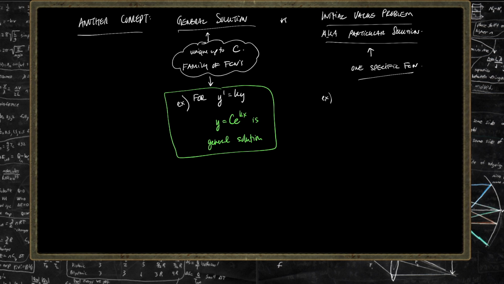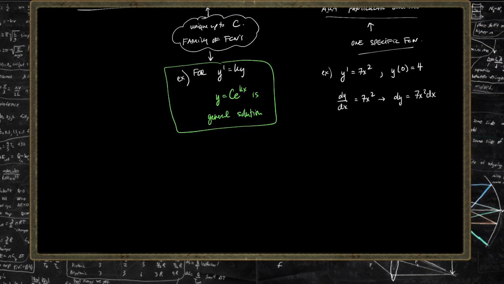So in particular, let's say I've got one like y prime equals 7x squared, but you're given the fact that y of 0 equals 4. Think of this as the starting position: when t equals 0, y was at 4. This could be velocity, or how much drug is in the ear, whatever. If we go to solve this, using the method we saw before, separate variables. This might have been something you've done in Calc 2.